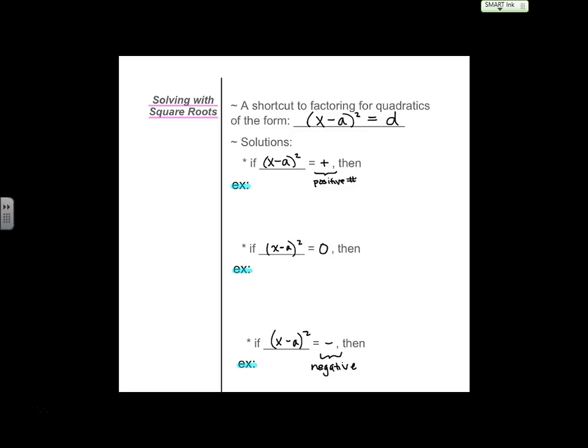Except instead of having an x squared equaling a positive number, or a 0, or a negative number, all that's different is we have a binomial squared equaling a positive number, or a 0, or a negative number. Not much changes, but it could be enough to throw some of you guys for a loop.